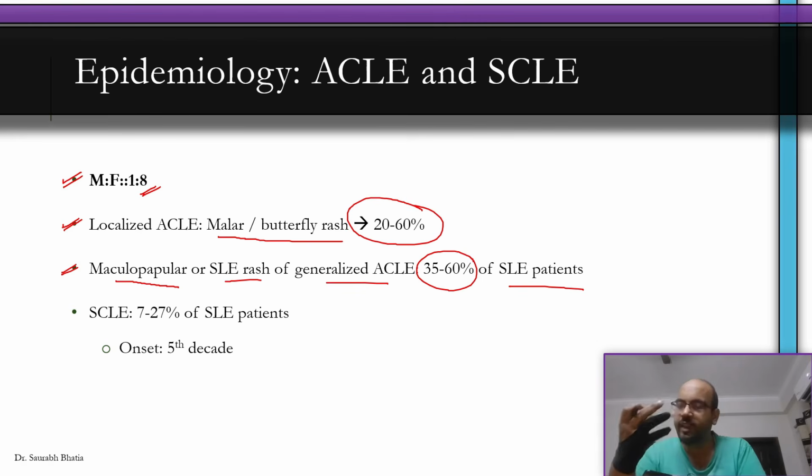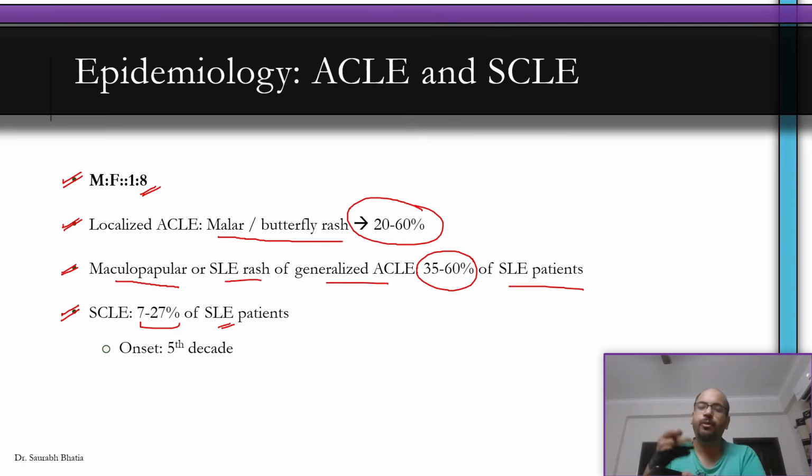Localized involves the face in the butterfly region, while generalized is more of a maculopapular eruption involving the whole body. When we discuss SCLE in epidemiology, about 7 to 27% of SLE patients can present with SCLE first. In SCLE, we have more photosensitive distributed scaly plaques, while in ACLE, the central face is involved. Clear? Let's move forward.